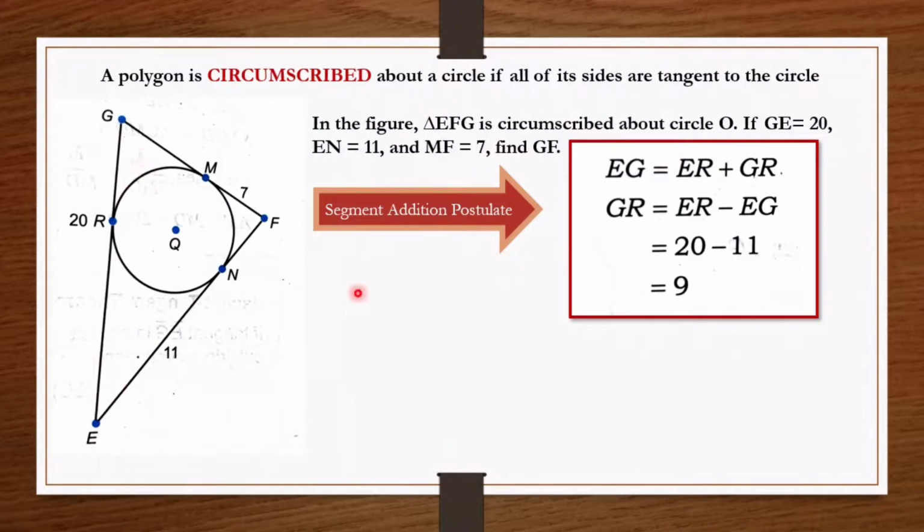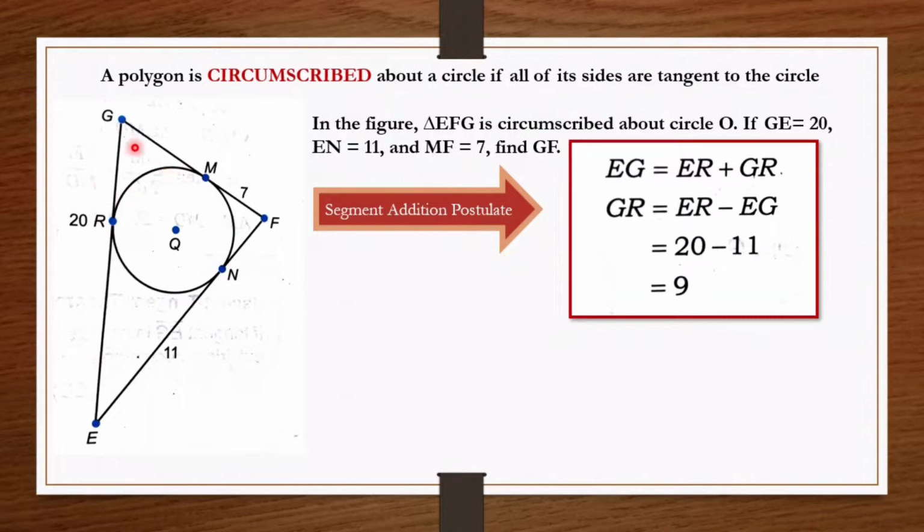So, kuha na natin na yung GR is 9. Okay? Ito G to R is 9. Kasi yung EG lahat, 20, buo yun. Okay? Buo kasi yun. So, GE is 20. Okay. So, we have now GR, tandaan ninyo, is equal to GM.